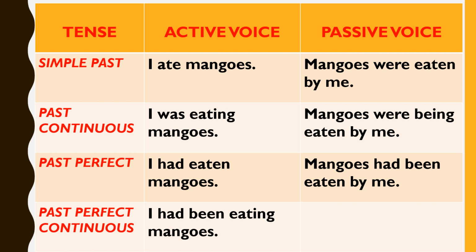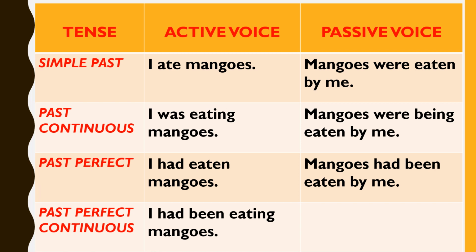Friends, in the previous slide, we have seen the examples based on present tense. Now, in this slide, you're going to observe how the sentences in the past tense are transformed. If you observe the first sentence, I ate mangoes. That's simple past.